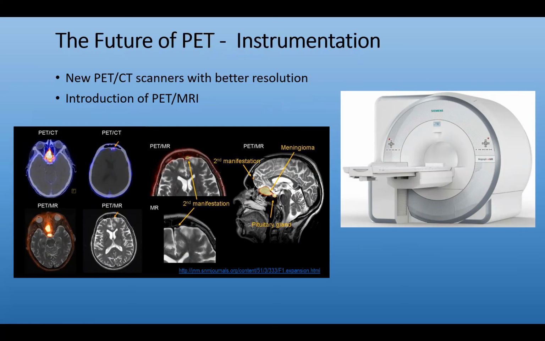Of course, BC Children's would love to have a PET MR because it has all the benefits of PET CT without the radiation. But the cameras are extremely expensive.